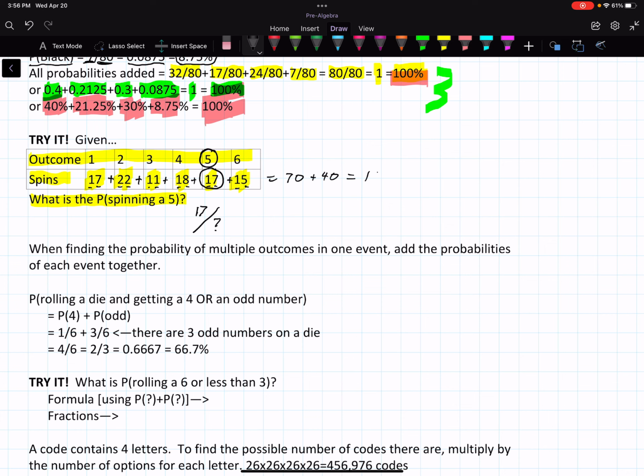And that's 110. Actually, that's 100. I added somewhere. 10, 20, 30, 40, 50, 60, 70. Okay. I must have made a mistake somewhere. That should have added up to 100, but 110.